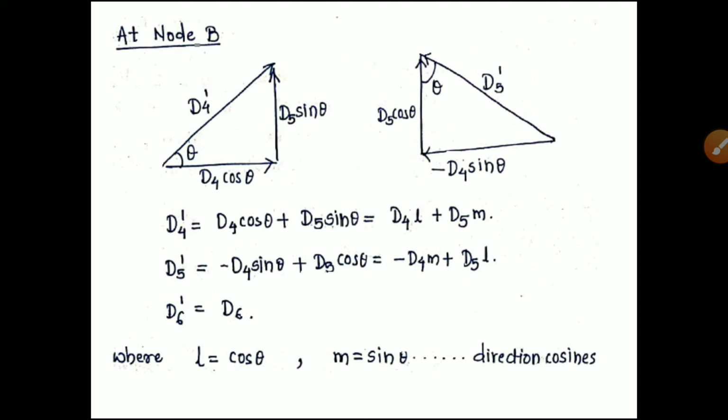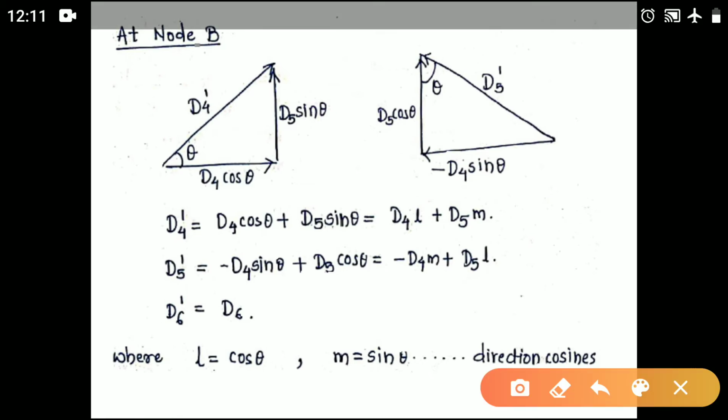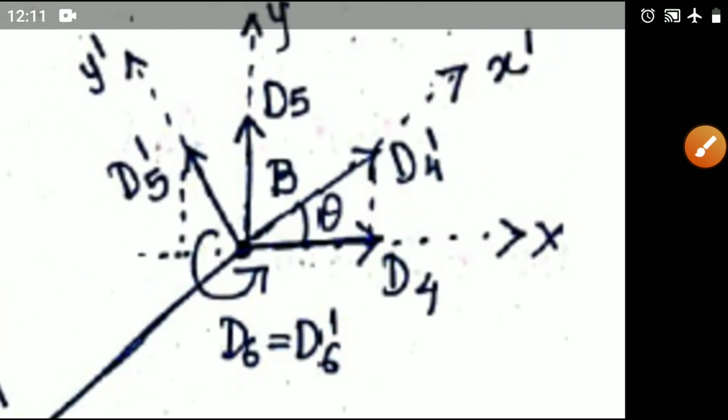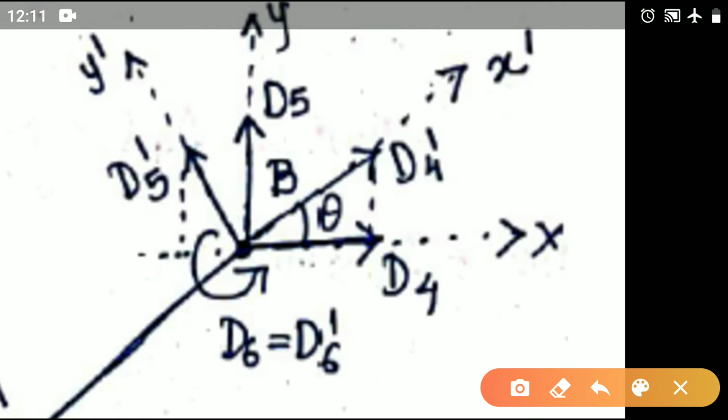At node B, the horizontal displacement d4 dash is expressed in terms of d4 and d5 using cos theta and sin theta. Similarly d5 dash, I'll show again here at node B. Two triangles that we have to form: one for d4 dash, another for d5 dash.